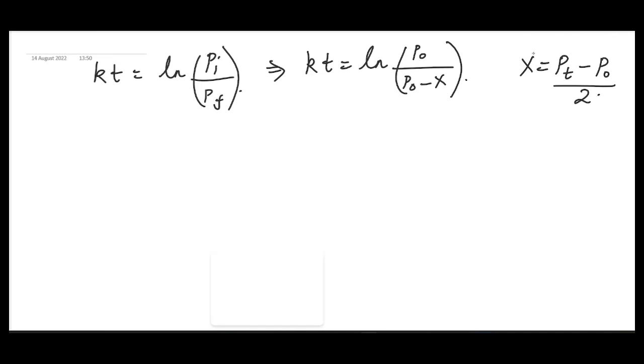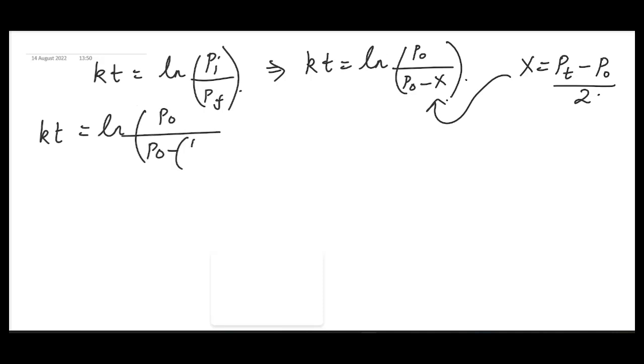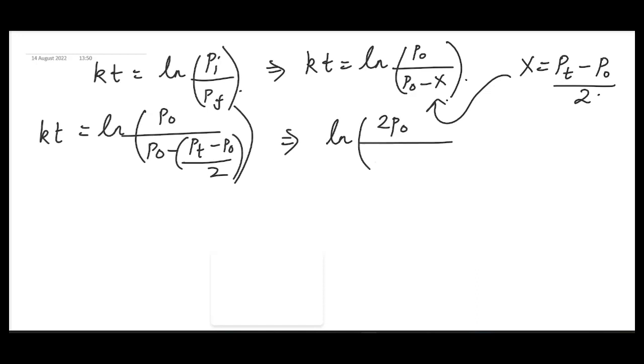Now let us substitute this value of x here. Then we get kt is equal to ln P naught divided by P naught minus Pt minus P naught divided by 2. Then by simplifying, we get ln 2 P naught divided by 2 P naught minus Pt plus P naught.